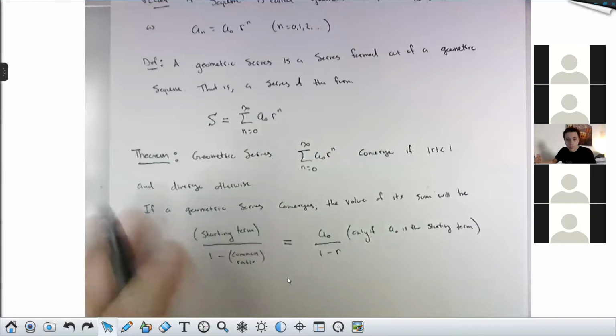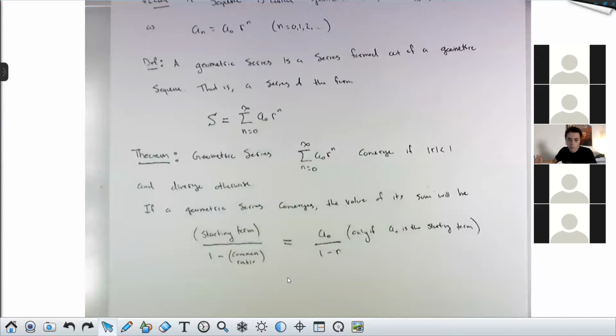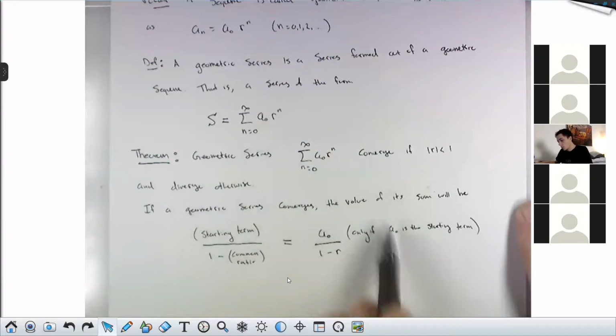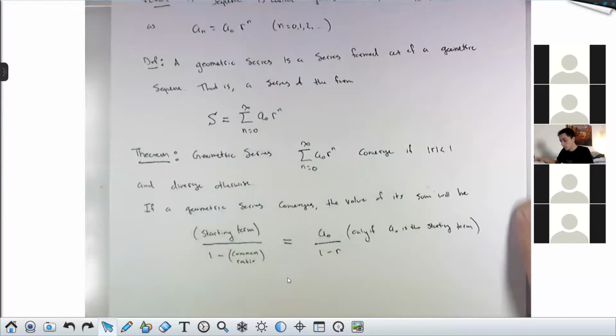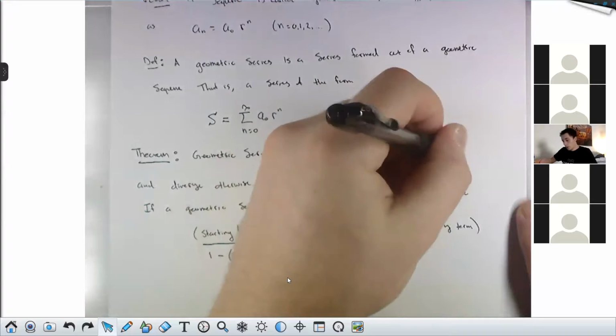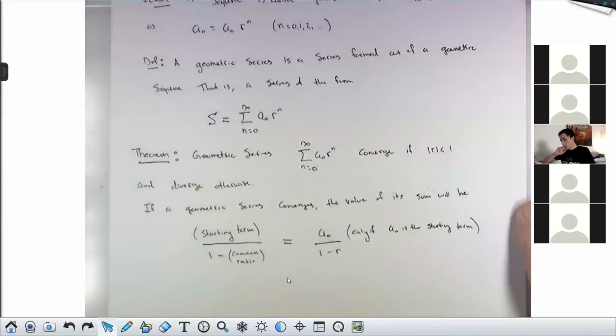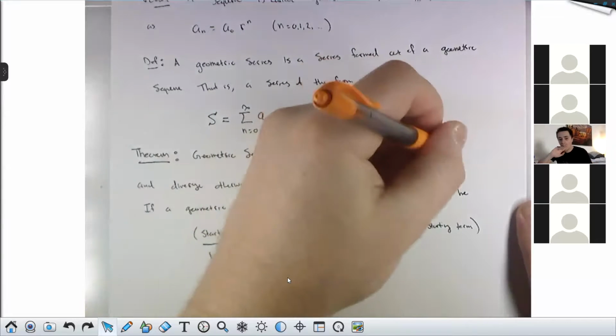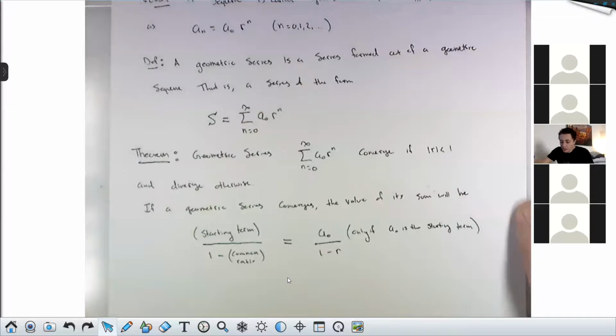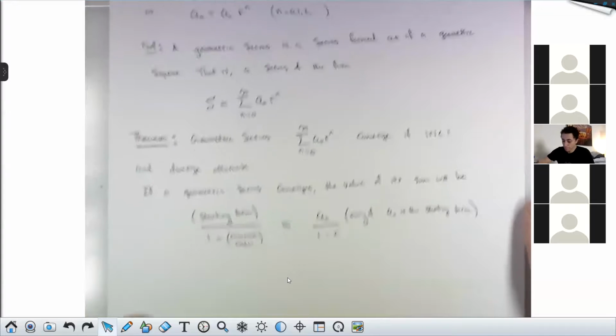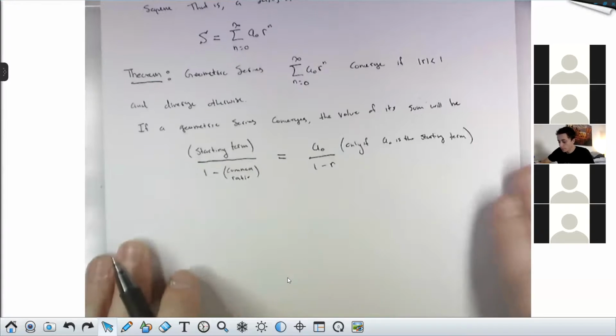I'm going to go ahead and prove this for you. You don't put the proof on that page, just put the theorem. Specifically, both forms of this formula, and that these converge if and only if r is smaller than 1. Smaller than 1 meaning has absolute value less than 1. Proof.